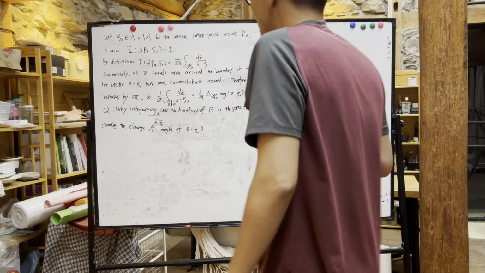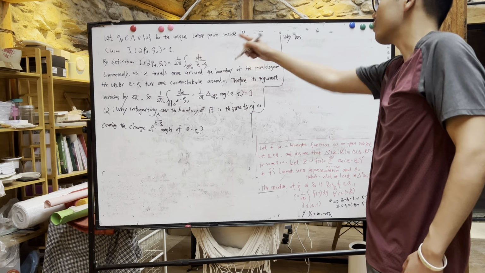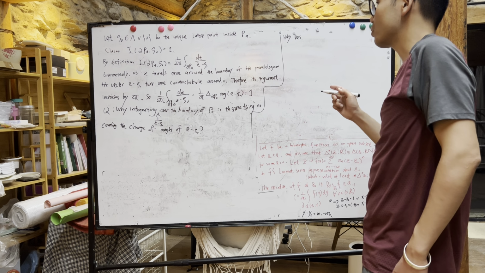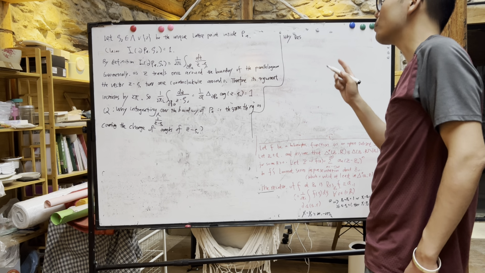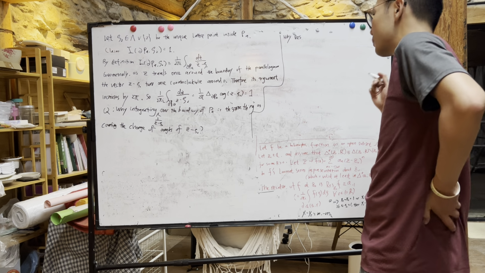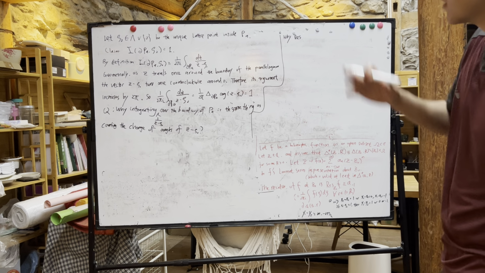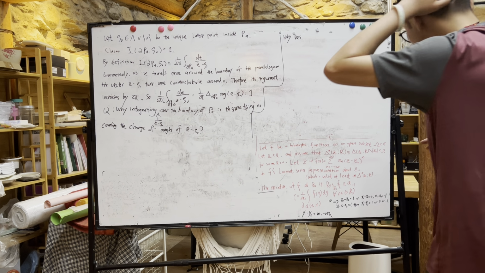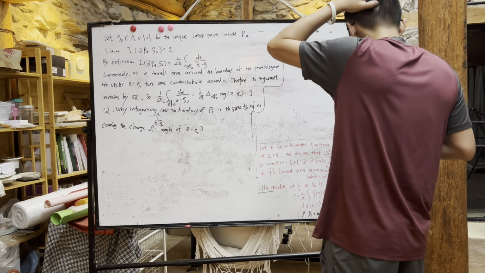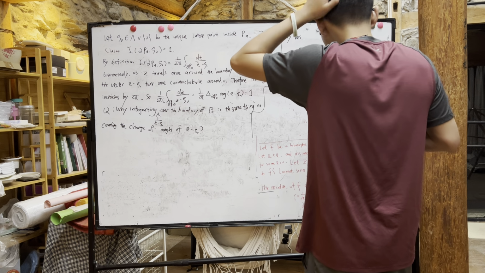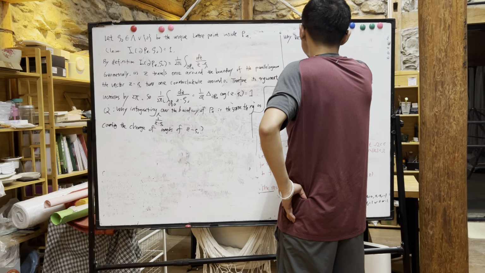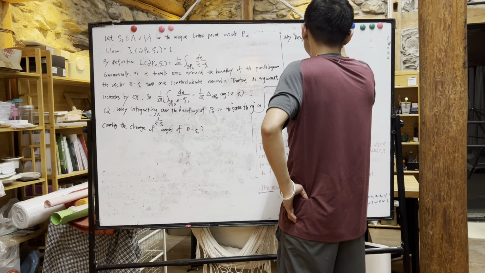It's equal to the sum over all the poles inside this boundary of the winding number times the residue, which is 1. Okay, so let's see. Why is the residue of this zeta at zeta naught equal to 1?